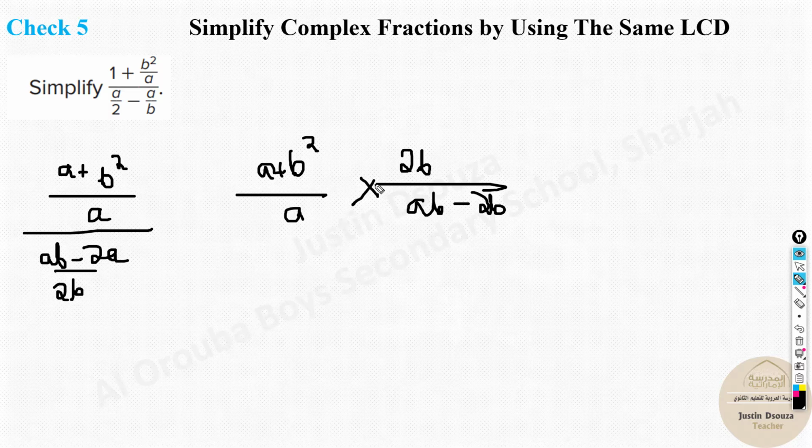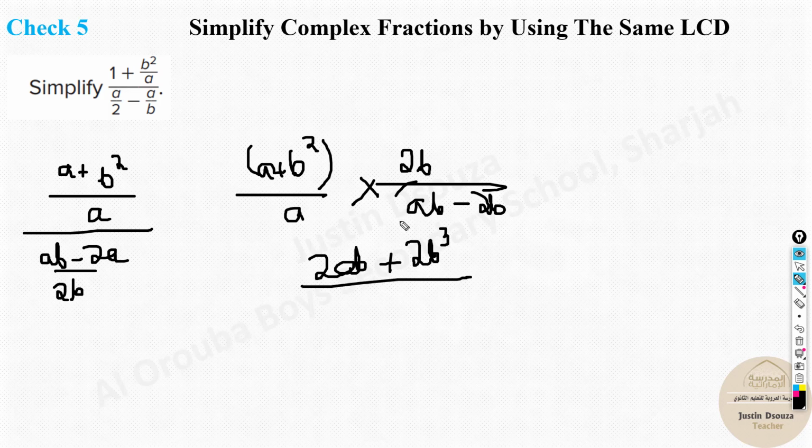And now direct simplifications, basically, you can't, right? So what you do is just multiply these. It'll be 2ab, I'm just multiplying here with the distributive property, 2ab plus 2b cubed divided by, this is again a multiplied here, it will be a squared b minus 2ab.